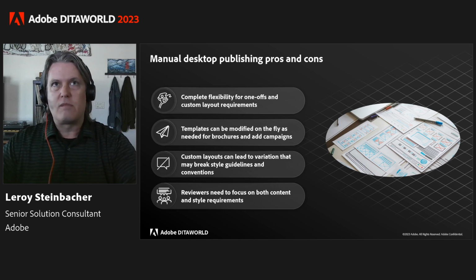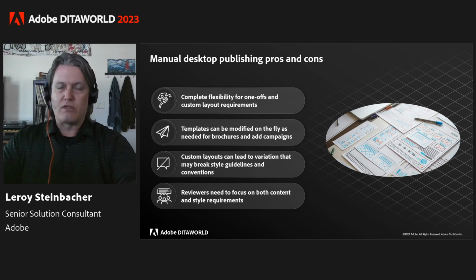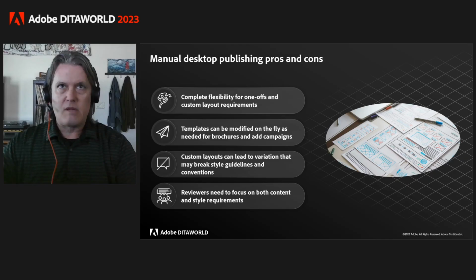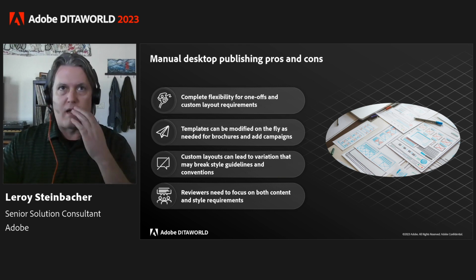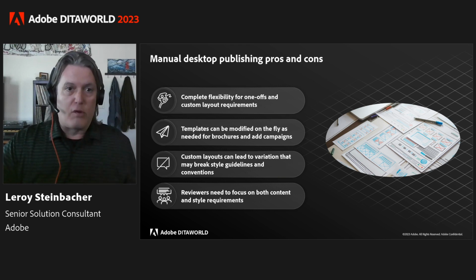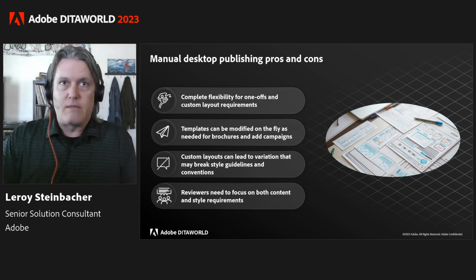So let's quickly go over some of the manual desktop publishing pros and cons. Maybe it's like, I have to do my document in InDesign because the layout is complex and I need to make changes. So sure, complete flexibility for one-offs and custom layout requirements can be handled in desktop publishing. Also, templates can be modified on the fly as needed for brochures or different ad campaigns.